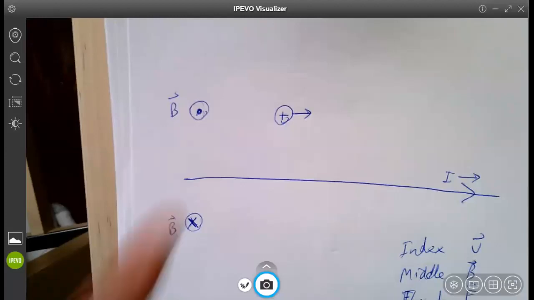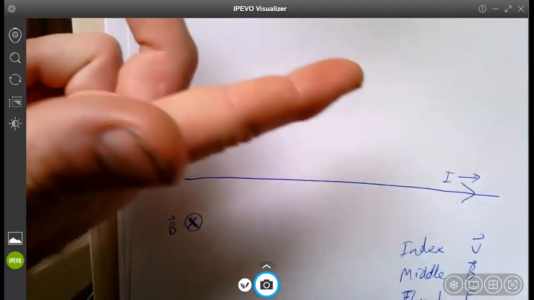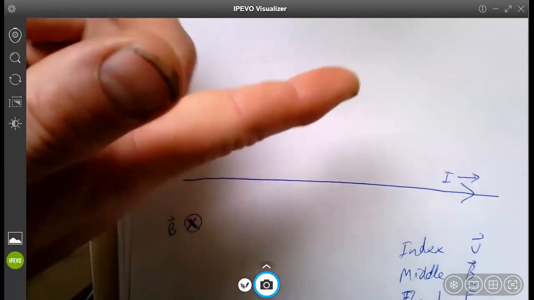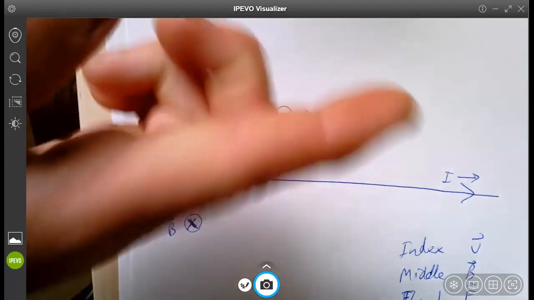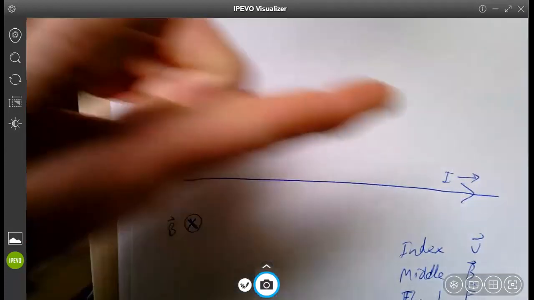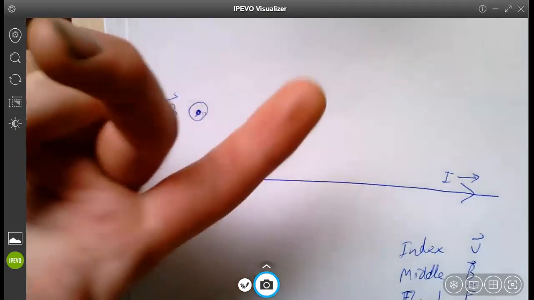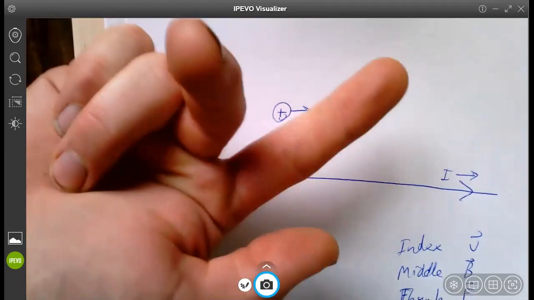So I'm going to use my right hand here. I know this is awful, but anyway, the right hand index finger. Sorry, my fingers are dirty because I was working in the garden. My charge is my index finger pointed this way. My magnetic field is pointed out of the page.